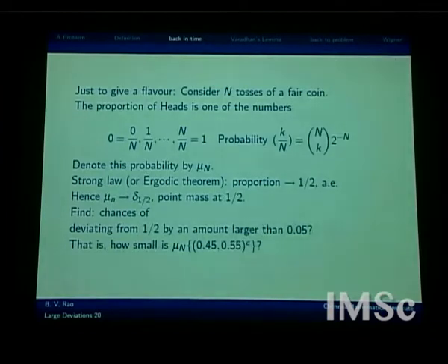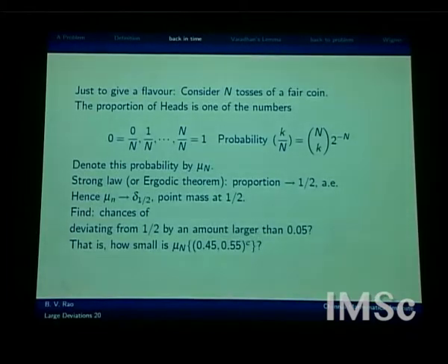Denote this probability by mu n. Therefore, mu n is a probability on the unit interval. It is concentrated on these n plus 1 points, and the probability of k by n is n choose k times 2 to the minus n. The strong law of large numbers, or if you want you can say the ergodic theorem, tells you that this proportion converges to half almost everywhere. So, mu n converges to the point mass at half.